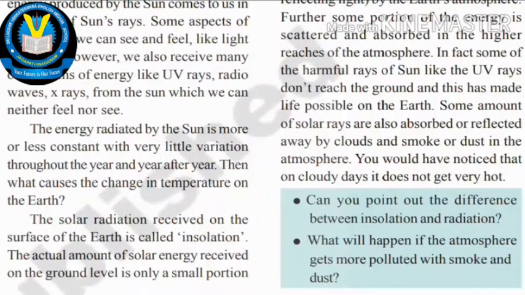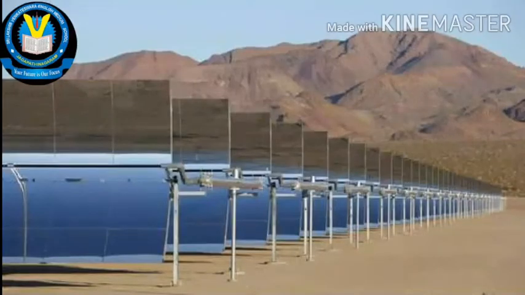Further, some portion is scattered and absorbed in the higher reaches of the atmosphere. In fact, some of the harmful rays of the sun like UV rays don't reach the ground, and this has made life possible on the earth.